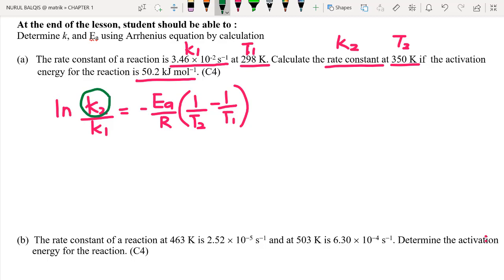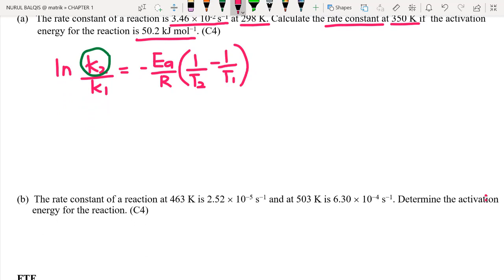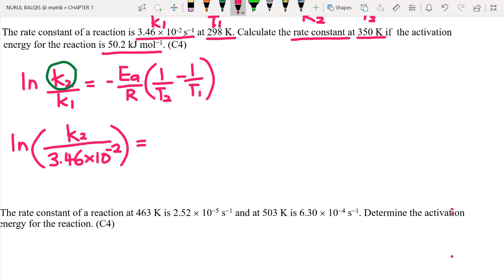First, you need to substitute all the information given in the question. So we have ln K2 over K1, with K1 of 3.46 × 10^-2, and K2 as unknown here, equal to negative EA. Our EA is in kilojoule per mole, so you need to change the prefix k to become 10 to the power of 3.